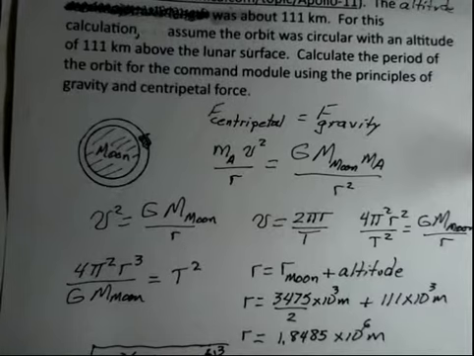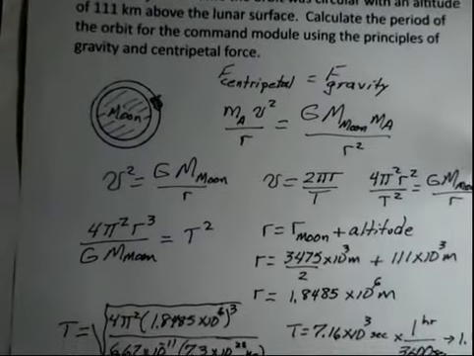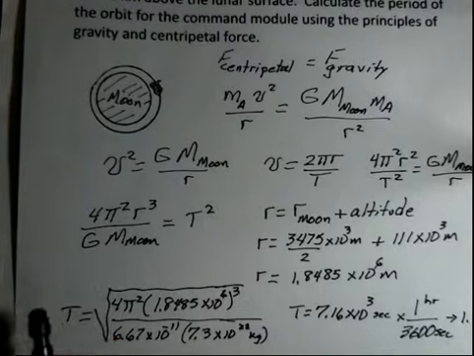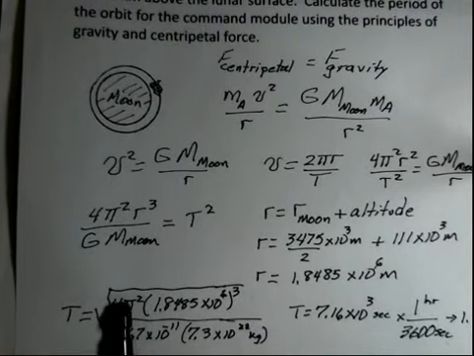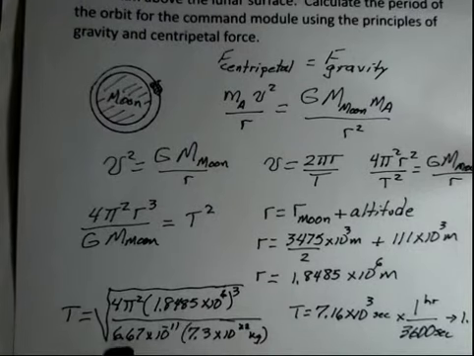You should pause the video and start to gear up your own calculation, putting numbers into this expression, then taking the square root of both sides. So 4 pi squared, the r value cubed that we found, the constant of gravitation here, at least an approximate version of that constant, and then approximately the mass of the moon.